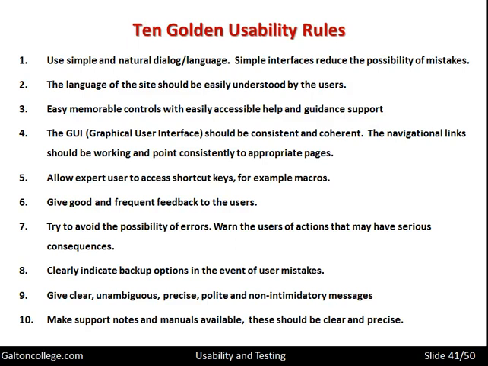Finally, make support notes and manuals available. So there should be a link to some extra support if required. So if the user really is curious about how everything works or what to do in certain situations, that support is there if they want it. There's a link to it.